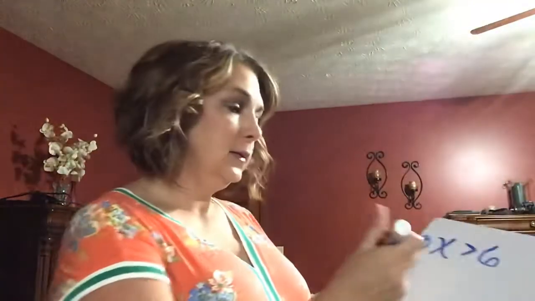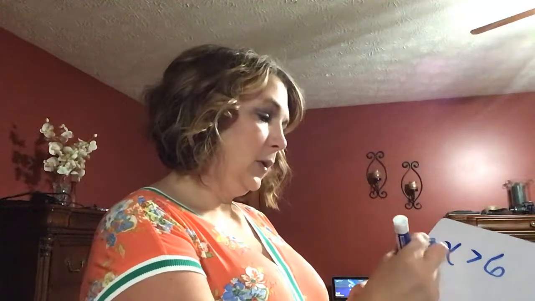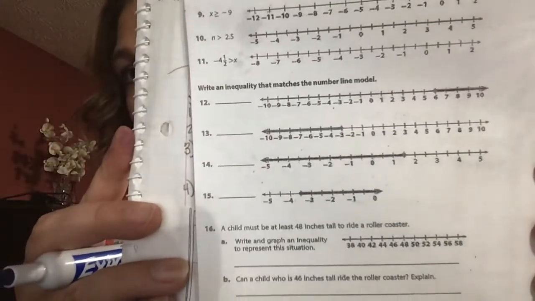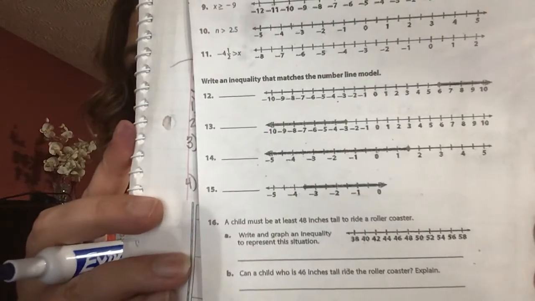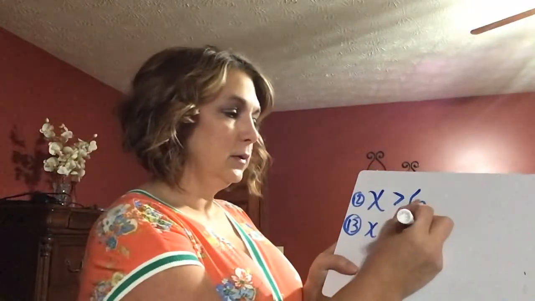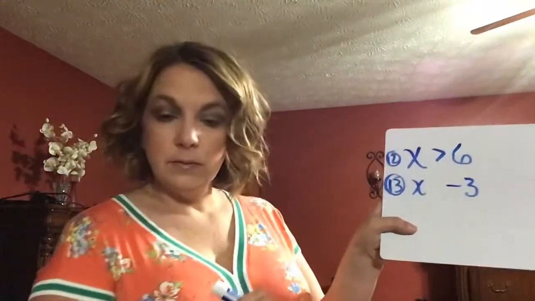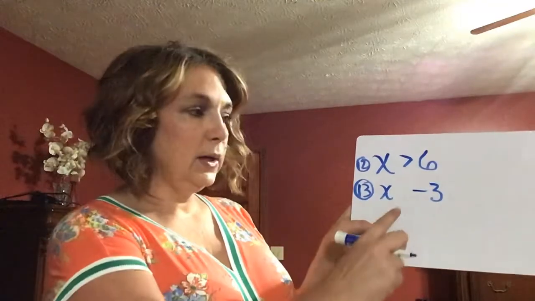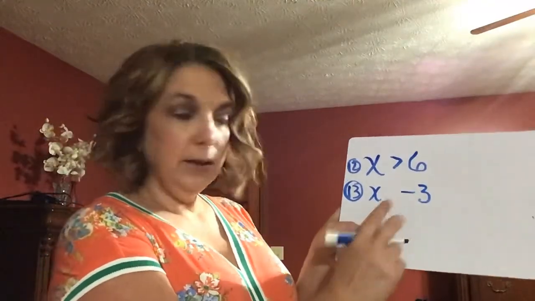Number 13. Remember, we always start with x. Number 13 is a closed circle on negative 3, and it was going to the left.